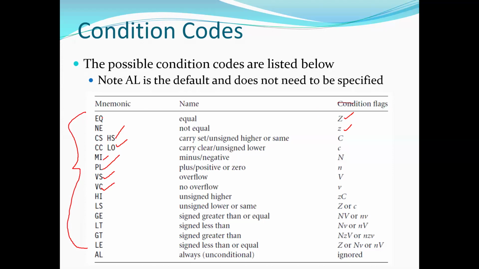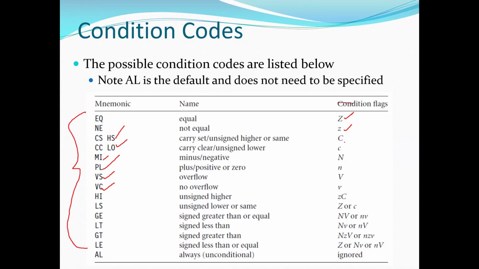EQ stands for equal, means both the numbers are the same. Before this I would have used a compare instruction. The results are updated in the condition flags like this. So if capital Z, my Z is 1, it means both the registers are the same. Not equal, then both the contents are not the same, then the zero flag will be 0, which is given as small z.